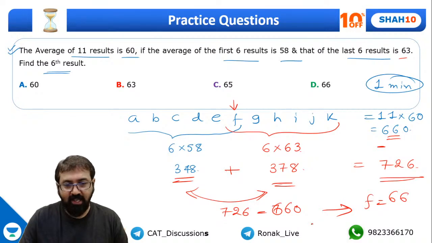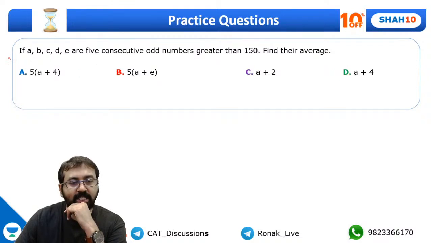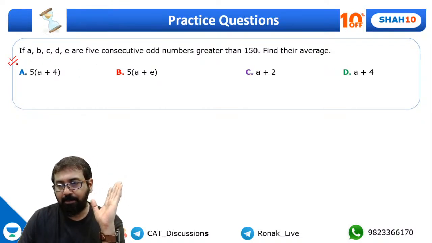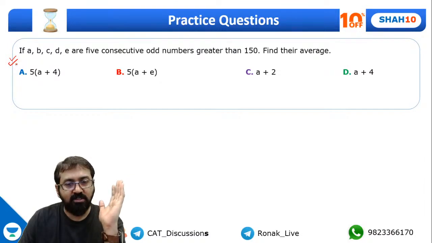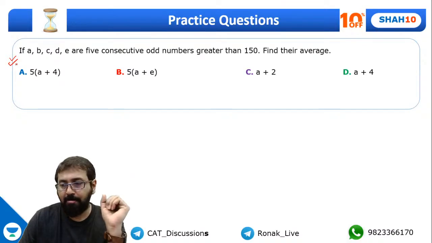Okay. Let's go ahead with one more. Why don't you try this question? Quickly type your answer option in the comment section. It's a simple conceptual question, by the way.